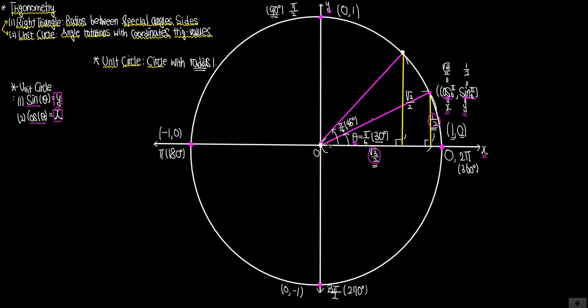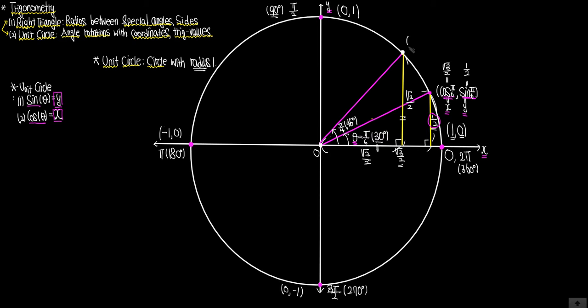And the adjacent side is also square root of 2 over 2, which means this side and this side are exactly equal according to the right triangle ratios.